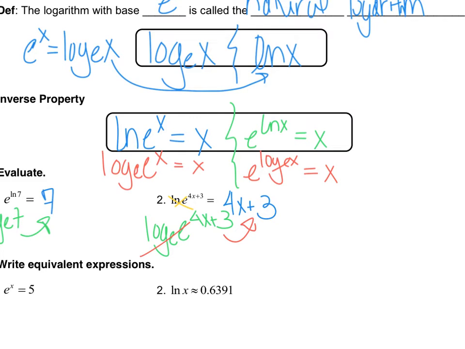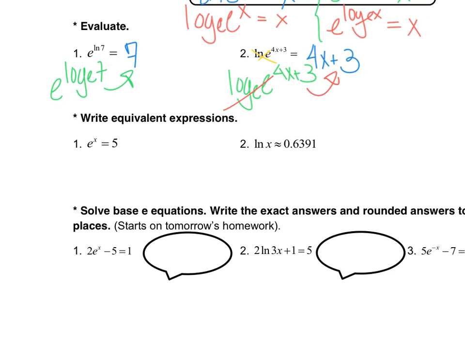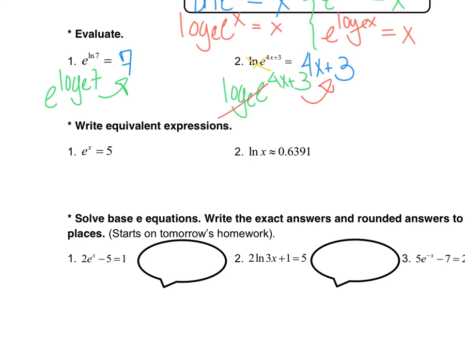Alright, moving right along. All we're doing in this example is writing equivalent expressions. We've actually already been doing it in the green up above. So we're going to circle the base, go to the value, equals the power.